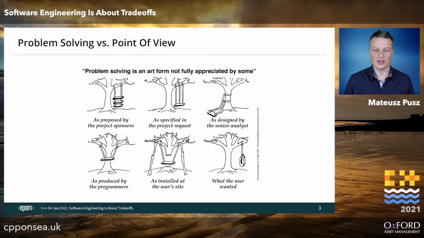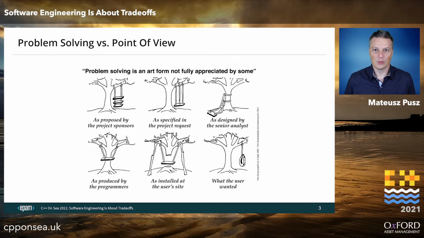When I'm talking with managers, they want something different again. Everyone has their own point of view, their own requirements and constraints they want to place on the product. And sometimes the requirements are even conflicting with each other, and you have to resolve them, right?